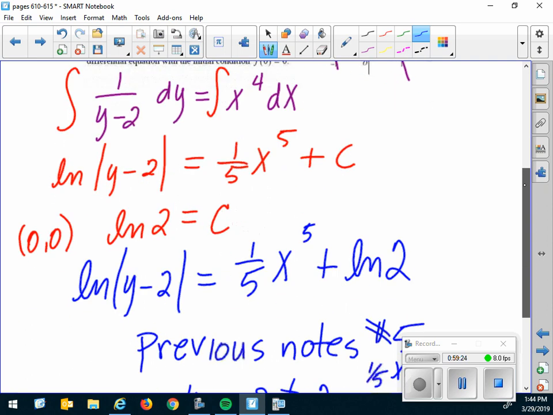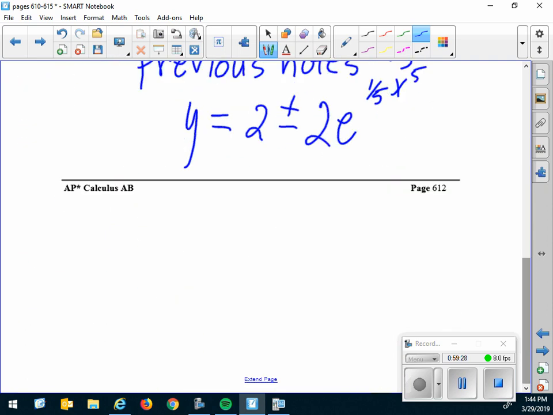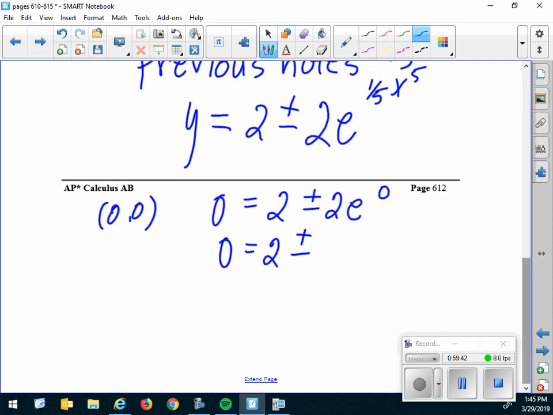So our initial condition is 0, 0. Zero equals 2 plus or minus 2e to the 0. e to the 0 is 1. 2 times 1 is 2.